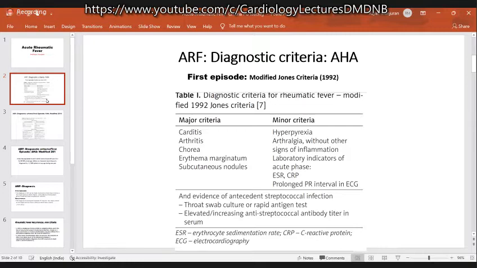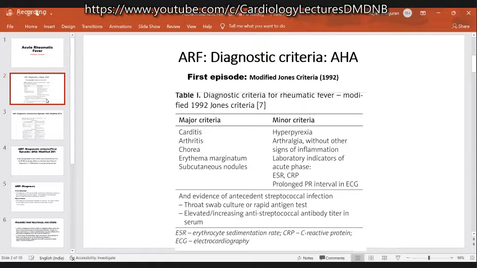What is the percentage of patients where the streptolysin O titer may be negative, and then you can get anti-DNase positive? Sir, around 80%, 70 to 80. 80 to 90% you can get.